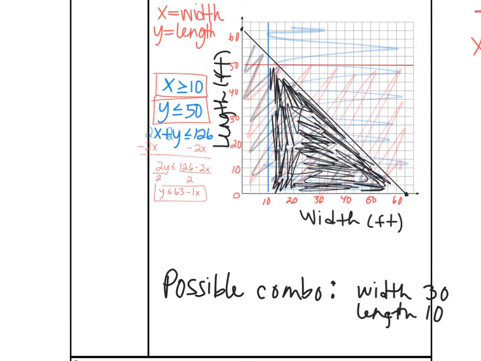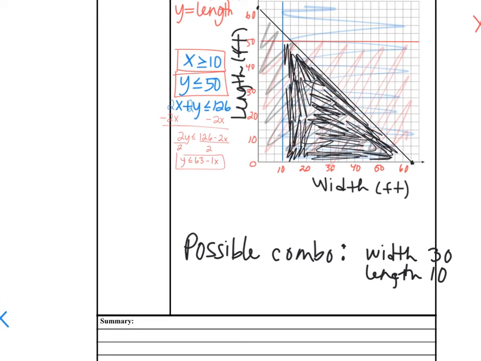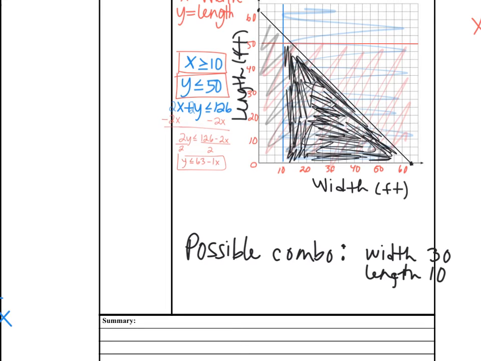I said 30, 10. Okay, you got a different one? 30, 20. Okay. Width of 30, length of 20. There are so many options. Any point that you can find that's in this black part works. Okay. Word problems. Good stuff.